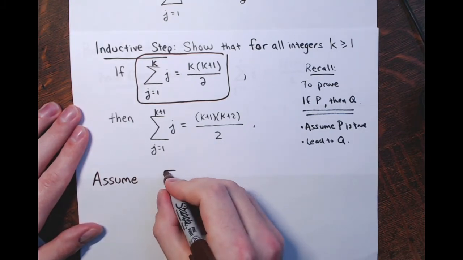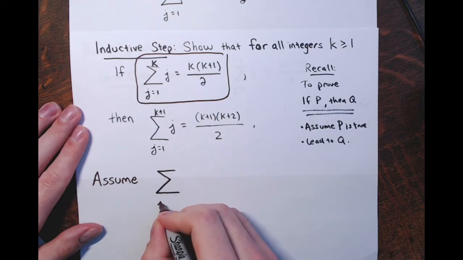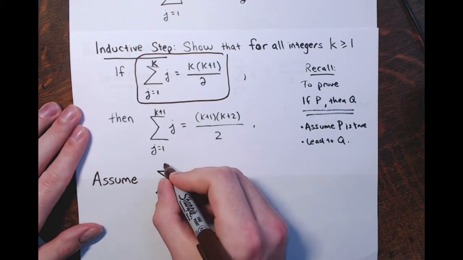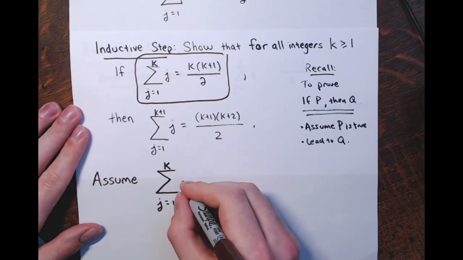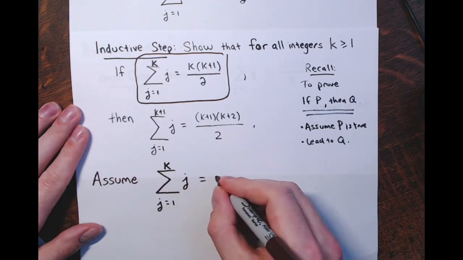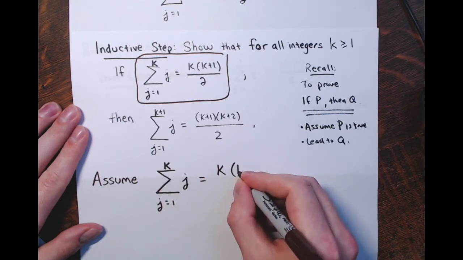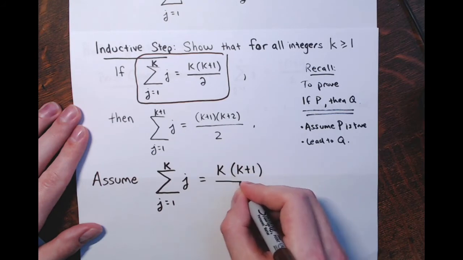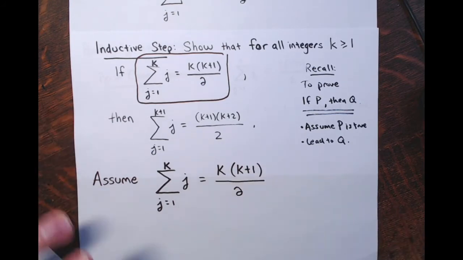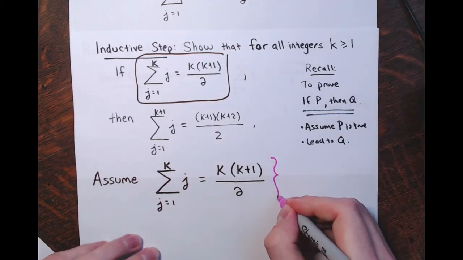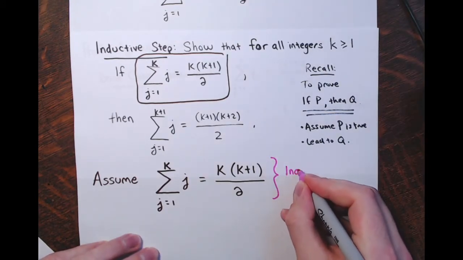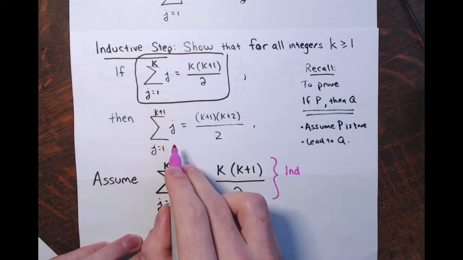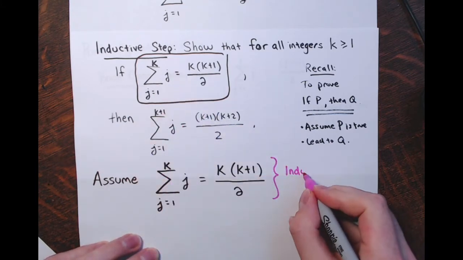So we're going to assume that the sum from j equals 1 to k of j is equal to k times k plus 1 divided by 2. And then this assumption that I just made, this is what they're calling the inductive hypothesis. This is the hypothesis of this if-then statement.